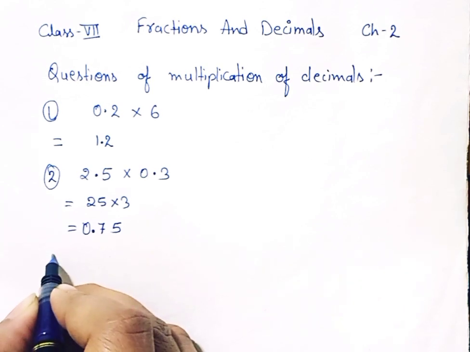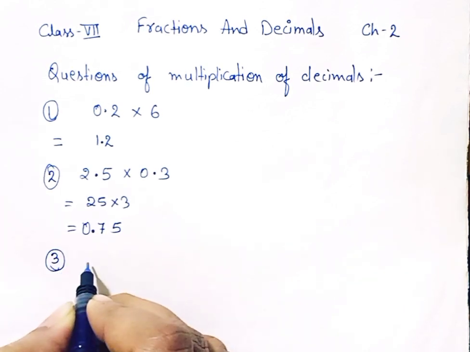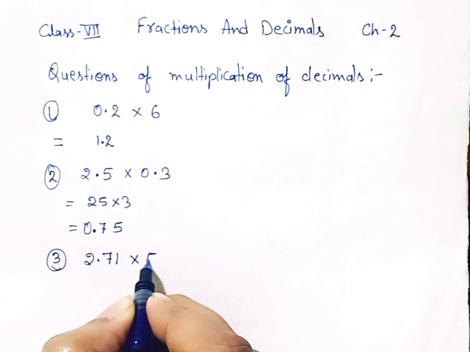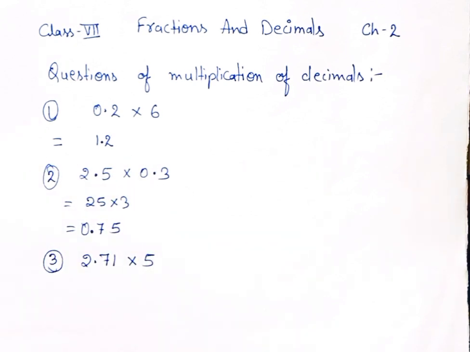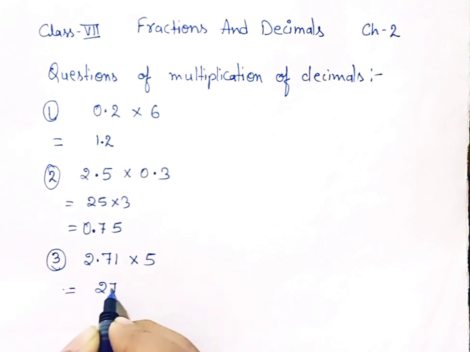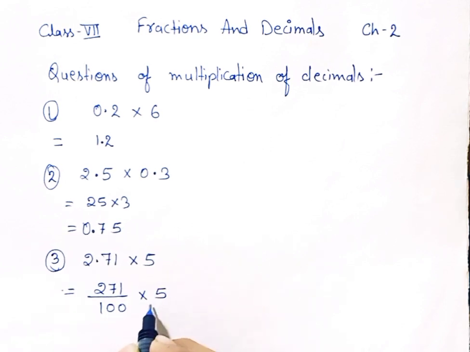Now coming to the third question. It is 2.71 multiplied by 5. For this you can apply the same method. Let's have another method also. It is 271 upon 100 multiplied by 5.